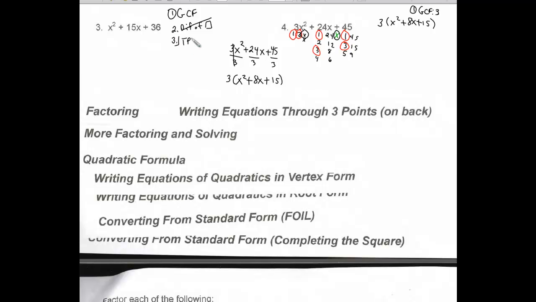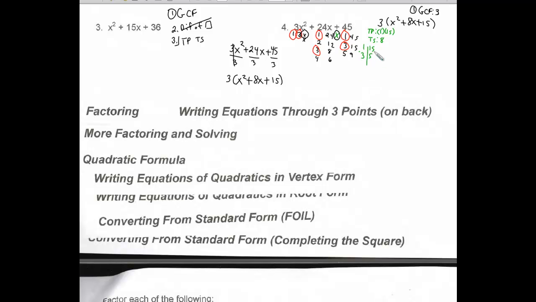Then the next thing is to look for target product, target sum, so that we can do grouping. The target product of A and C is 1 times 15. The target sum is 8. So I need numbers that multiply together to give me 15, but combine to give me 8.